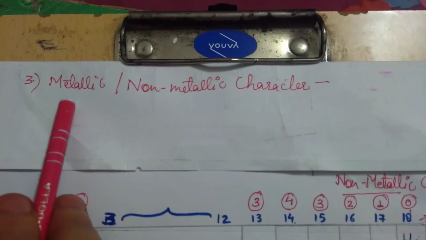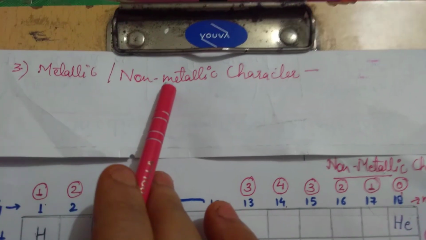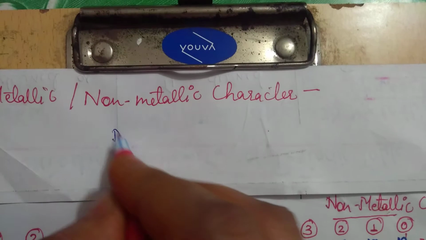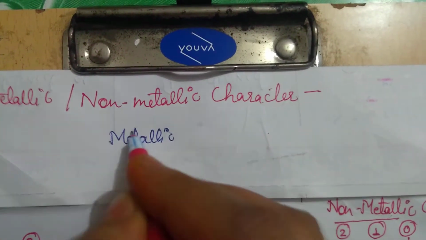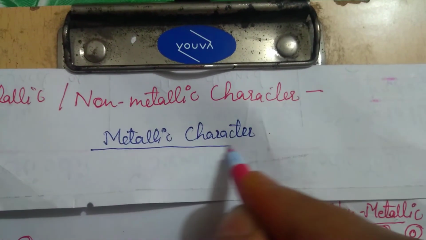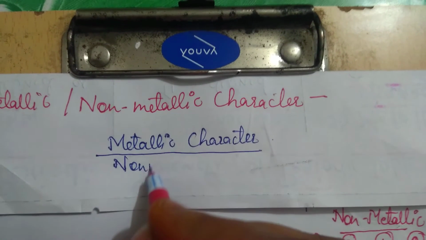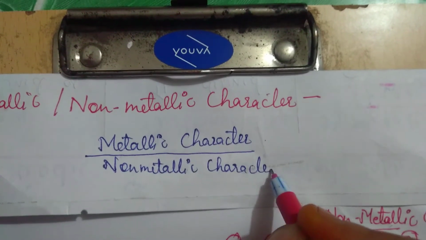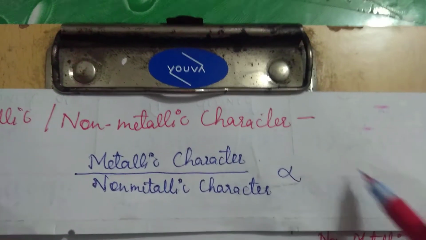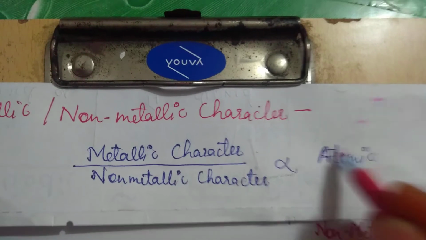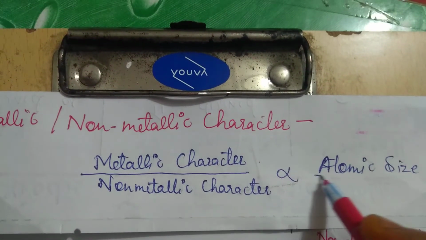So metallic character, I told you, is the ability to donate electrons, and non-metallic character means the ability to accept electrons. Before telling you more, I wanted to give you one relation: metallic character upon non-metallic character is proportional to atomic size.